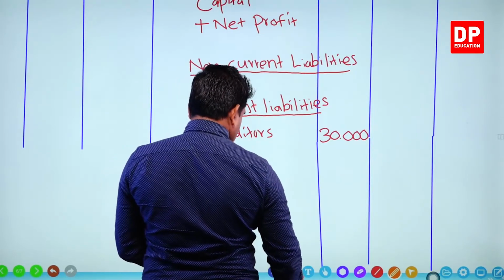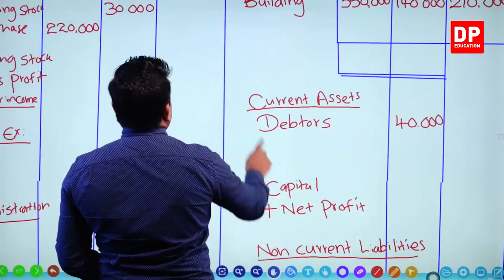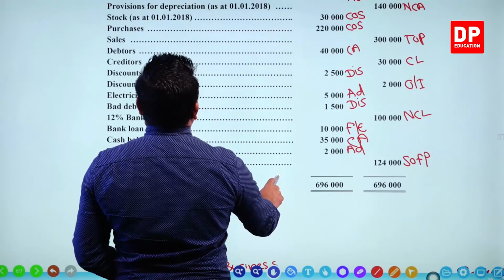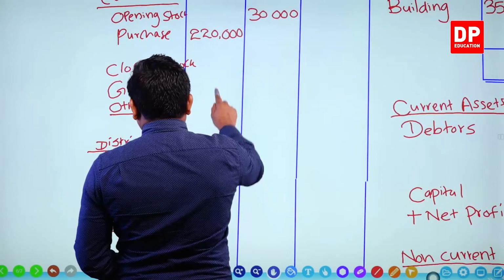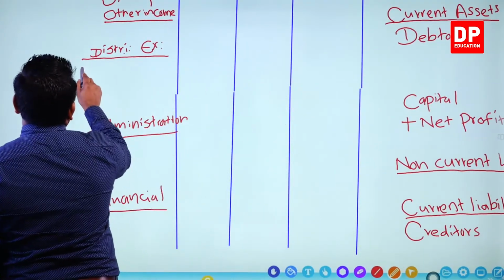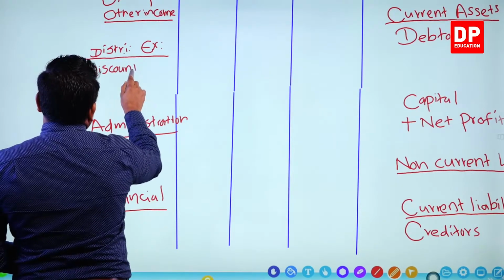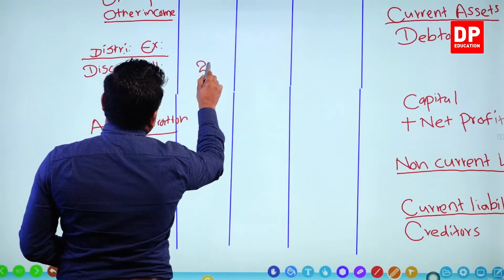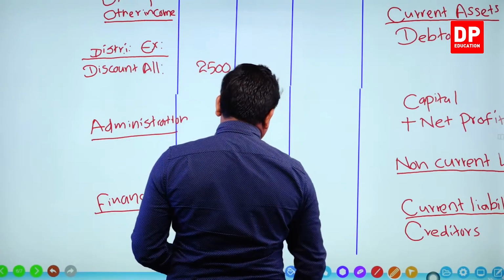Discount allowed. See, is this the discount allowed 2,500? Check it again. Yeah, discount allowed 2,500. Okay, now next.